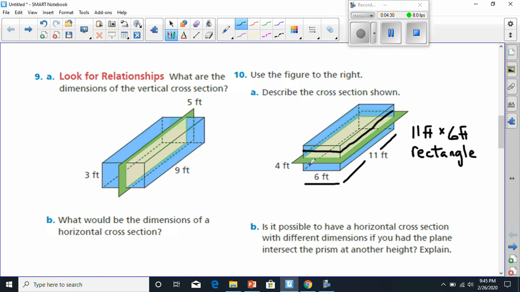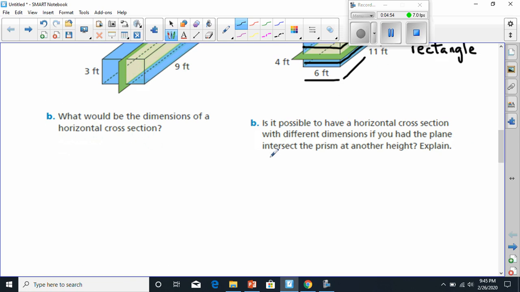They might have even said that maybe it came across here and then went up here. What they're asking is, is it possible to have a horizontal cross section with a different dimension? No, because no matter what, as long as it's horizontal and it's not slanted, it's still going to be the same, 11 by 6. So the answer is no.